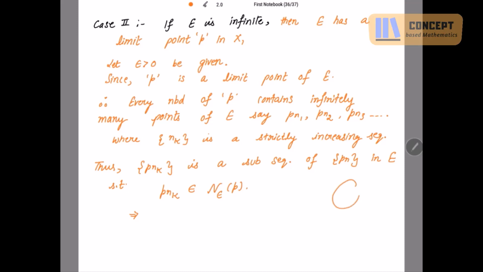Suppose you have the neighborhood of P with radius epsilon, and infinitely many points are lying in this neighborhood of P. We say these points are Pn1, Pn2. That means your Pnk belongs to this neighborhood, and the distances of all these points from the point P are less than epsilon because these are contained in the neighborhood of P.